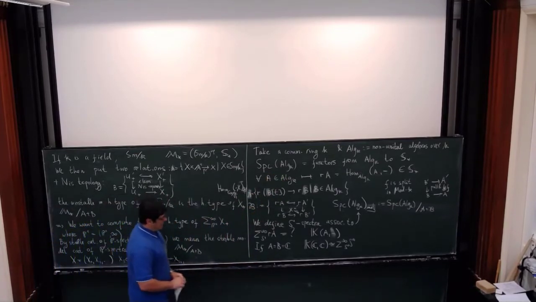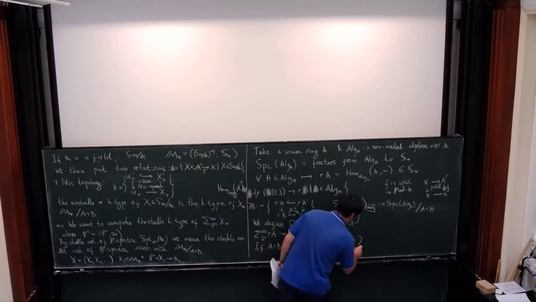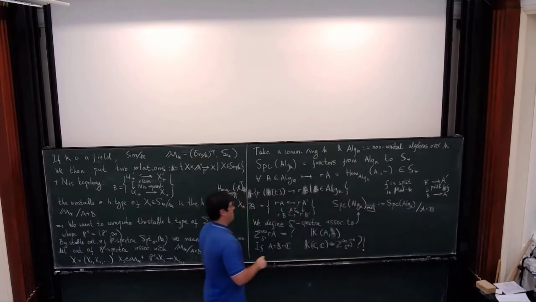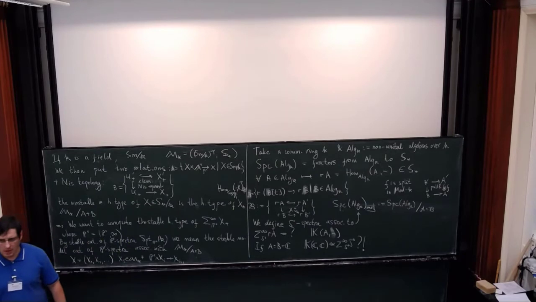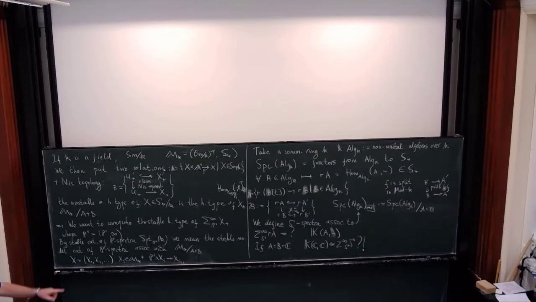But this is a question. Usual sphere spectrum, topological. Classical topological sphere spectrum. Okay, KAB is a mapping spectrum in the stable category. KAB is defined explicitly.